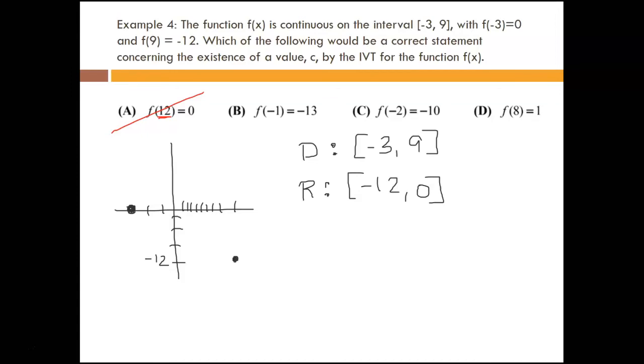So even though -1 is between -3 and 9, -13 is way down here. So I'm not guaranteed that -13 exists. So option B is out.